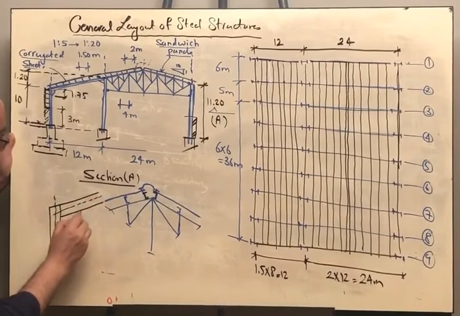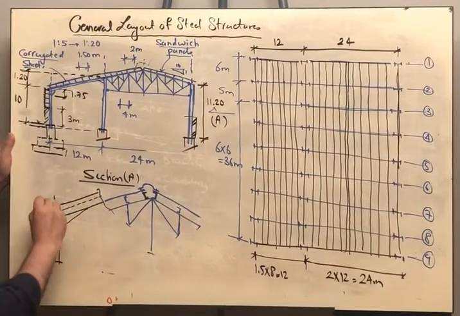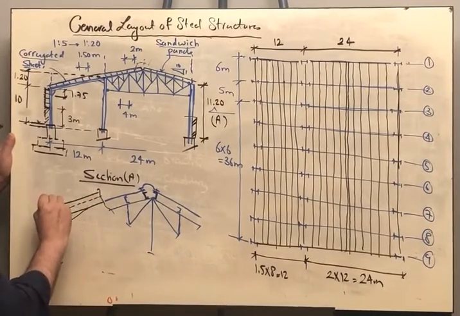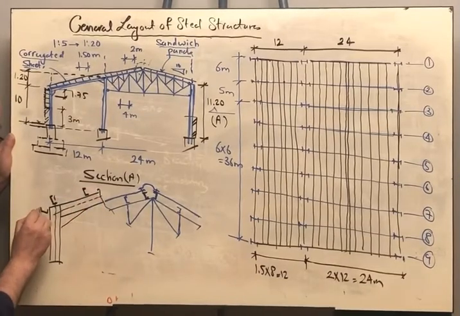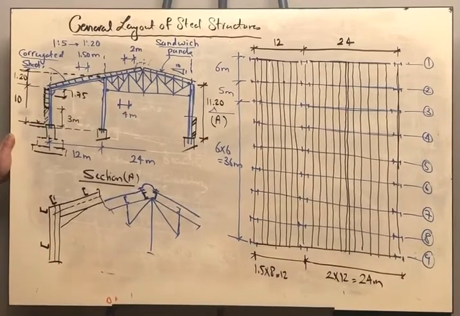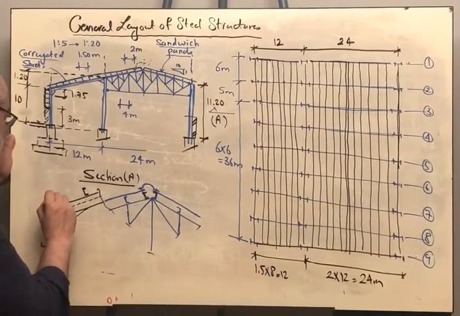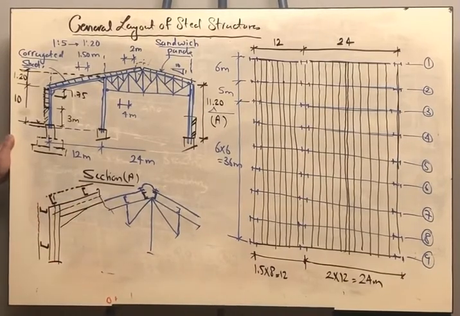Like this. And we are having a purlin here and another purlin there, and these are the side purlins. We are going to cover this with corrugated sheet and here with corrugated sheet.